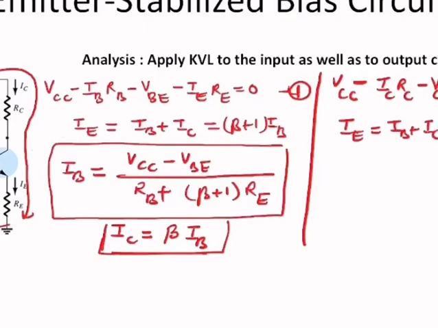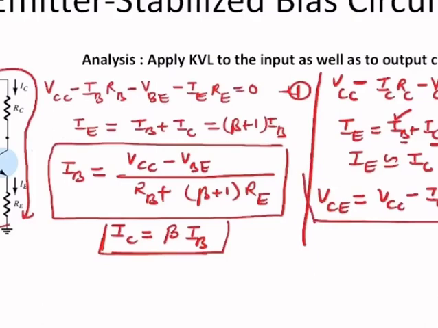Here we can see IB has a very small value compared to IC, so we can neglect it. Then IE is approximately equal to IC. In this equation 2, take IE approximately equal to IC. Then we get VCE is equal to VCC minus IC times (RC plus RE). In this way, we can find the value of VCE and IC in this particular bias circuit.